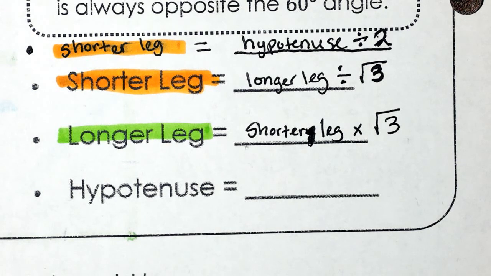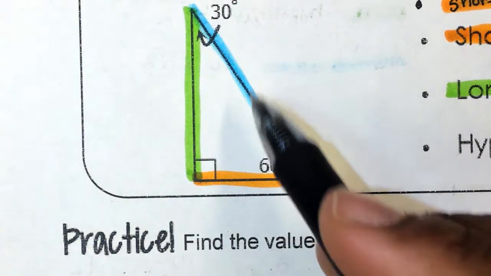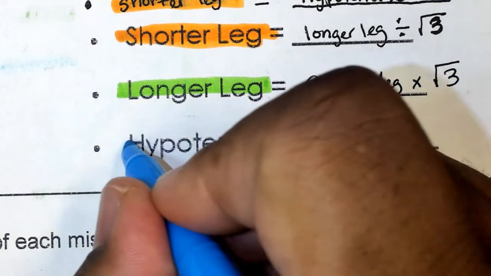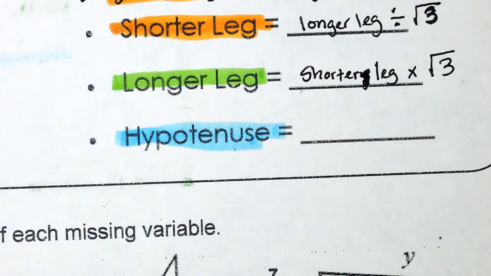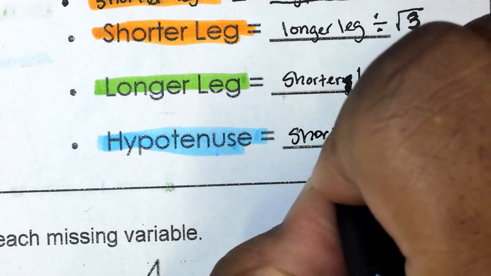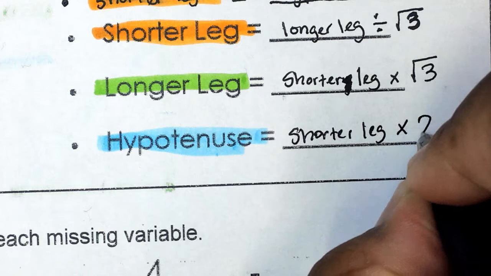And then the last one, if I'm trying to find my hypotenuse, my longest side, my hypotenuse equals the shorter leg times 2.